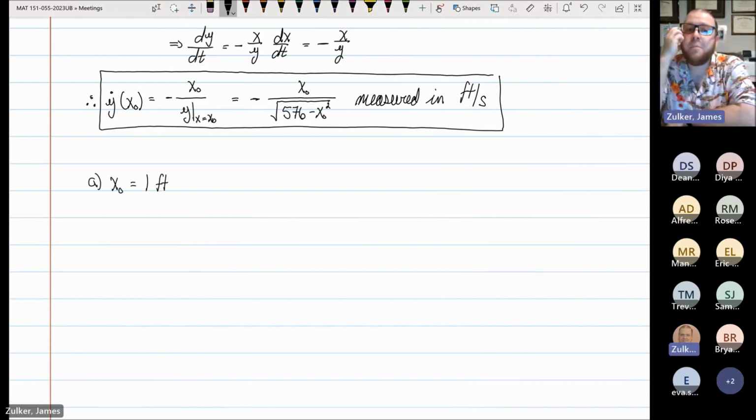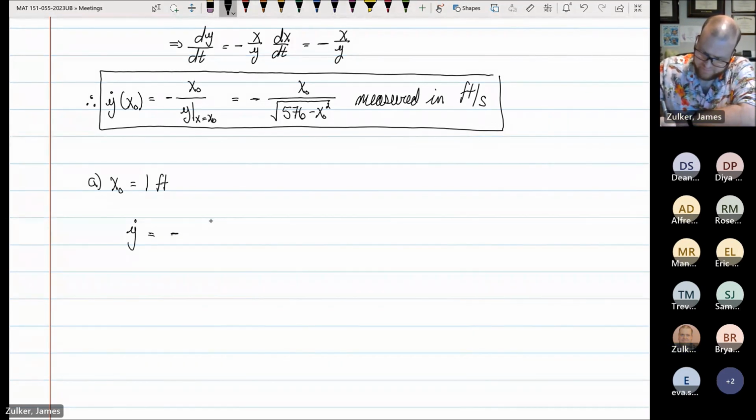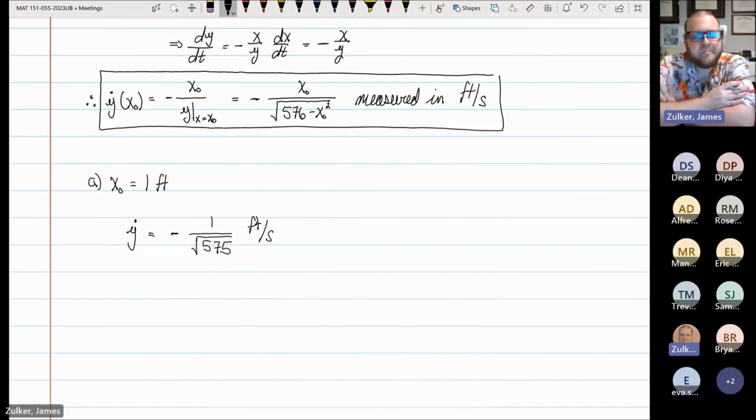So now when the base is 1 foot away from the house, we get negative 1 over the square root of 575 feet per second.